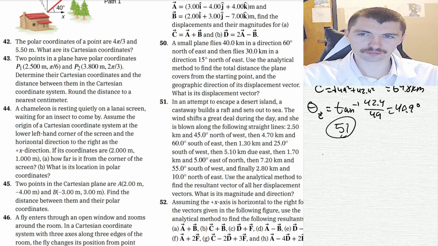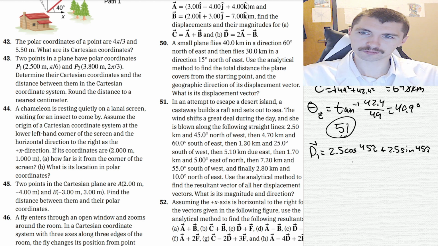Okay, so the first displacement is 2.5 cosine 45 I plus 2.5 sine 45 J.